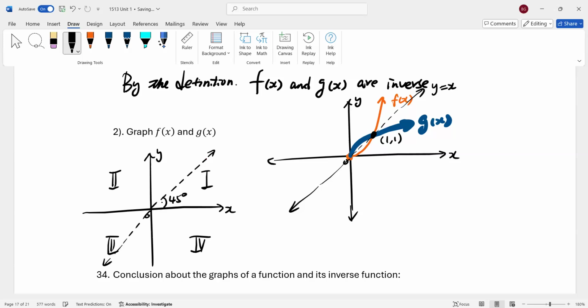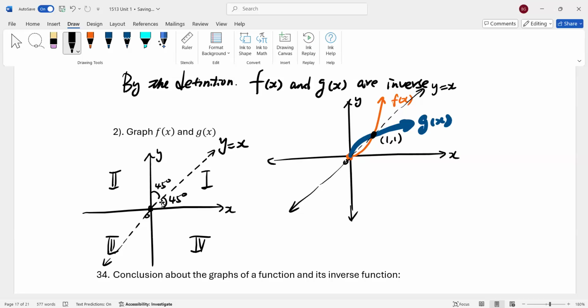This is 45 degrees. So we call this line the bisector. It divides quadrant 1 evenly in half. So the equation corresponding to the bisector is y equals x. The y-intercept is (0, 0). The slope is 1, so the angle is 45 degrees.